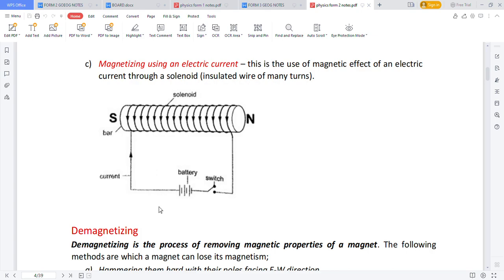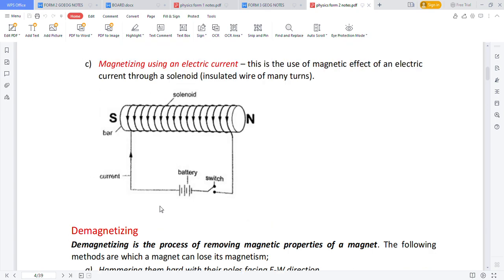Here we are going to use rules. There are some rules: right hand rule, screw grip rule. So you have current, then you have the bar, then you have the battery, switch, and solenoid.